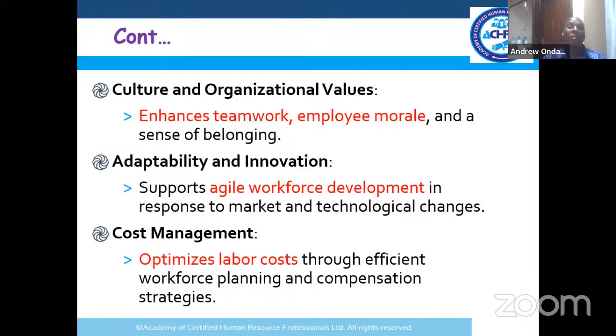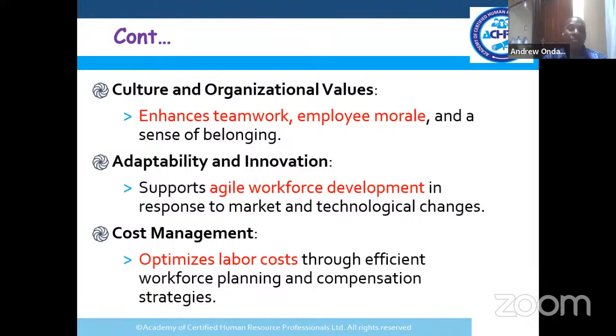On matters of safety, we can also cut costs by ensuring that our machines, our tools, and equipment are well maintained to avoid those accidents which are costly to the organization.